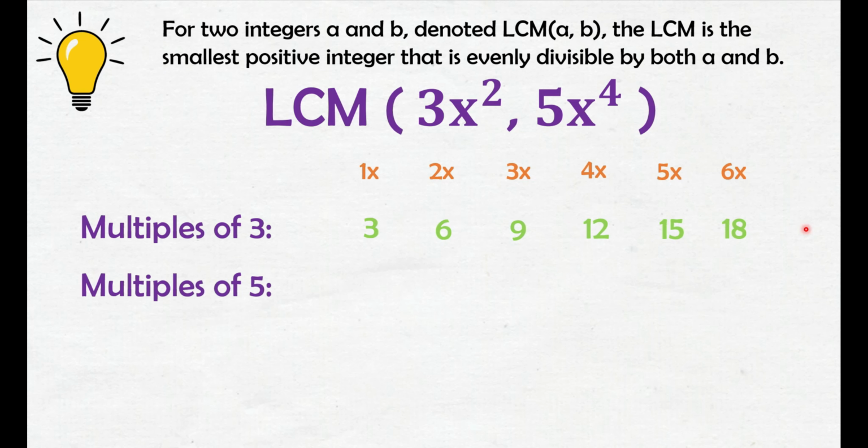And then the multiples of 5: 5, 10, 15, 20, 25, 30. So here we found the least common multiple of the two coefficients, which is 15.